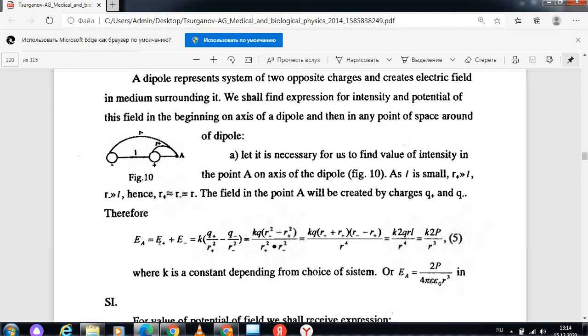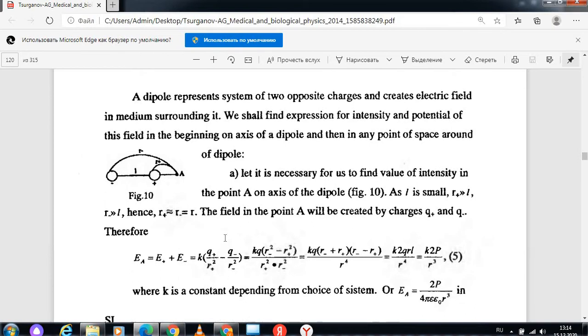It will be the sum of the intensity of the plus charge and the intensity of the charge with the minus sign. So we could fill up this formula with the previous formula.